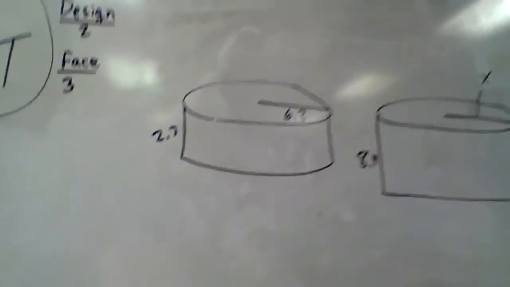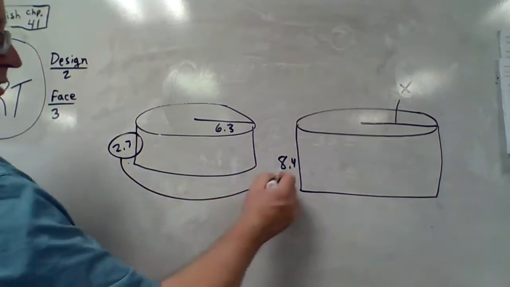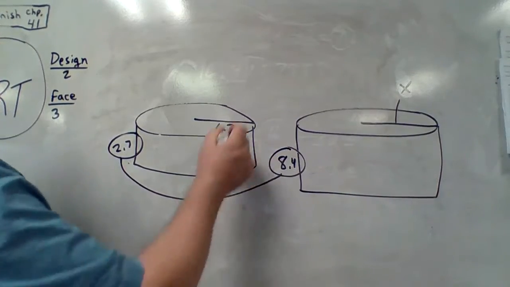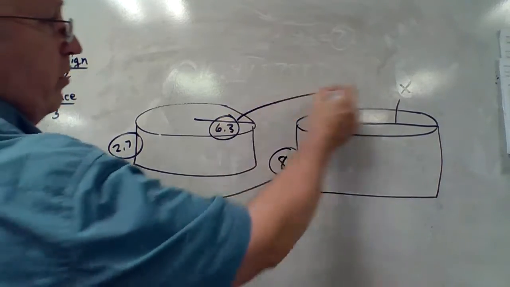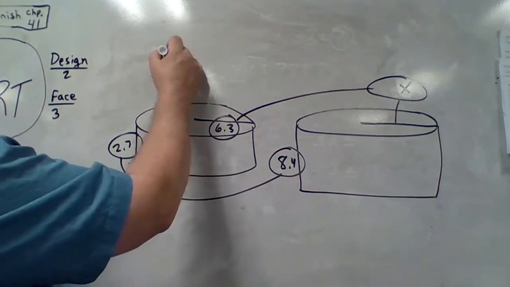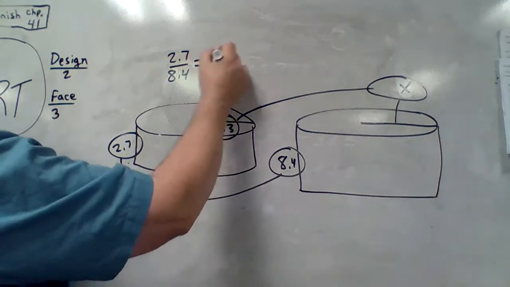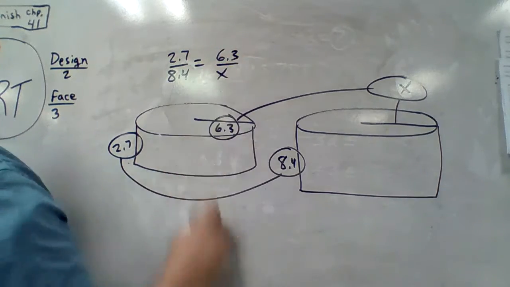Okay, let's do one more over here. Let's assume that this and this are the corresponding sides, and that the 6.3 is corresponding to the x. And if we know that, we can write 2.7 over 8.4 equals 6.3 over x.